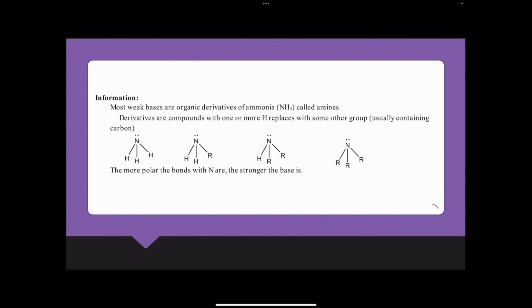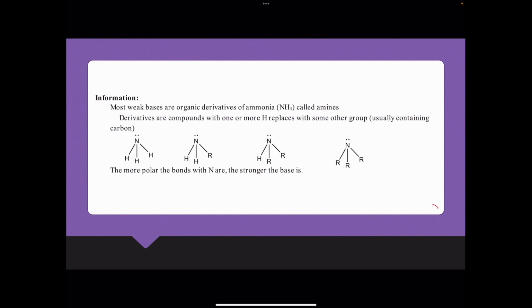When it comes to our weak bases, most weak bases are going to be organic derivatives of ammonia. If we go back to chapter 23, what do derivatives mean? Derivatives are where we have one or more hydrogens replaced. My nitrogen with 3 hydrogens would be ammonia. We replace one or more hydrogens.